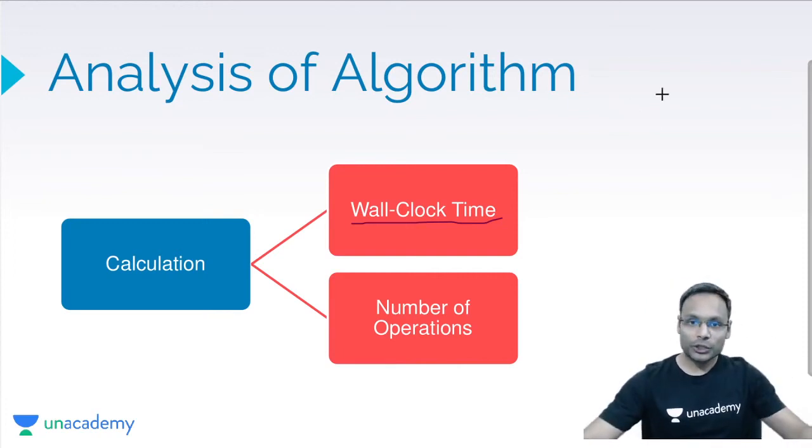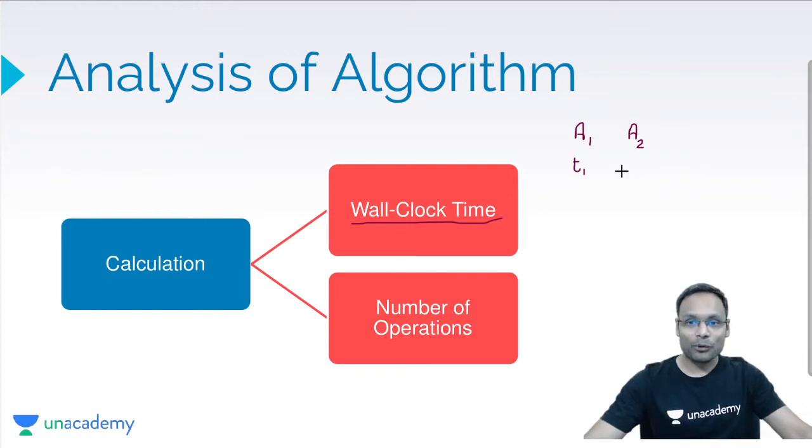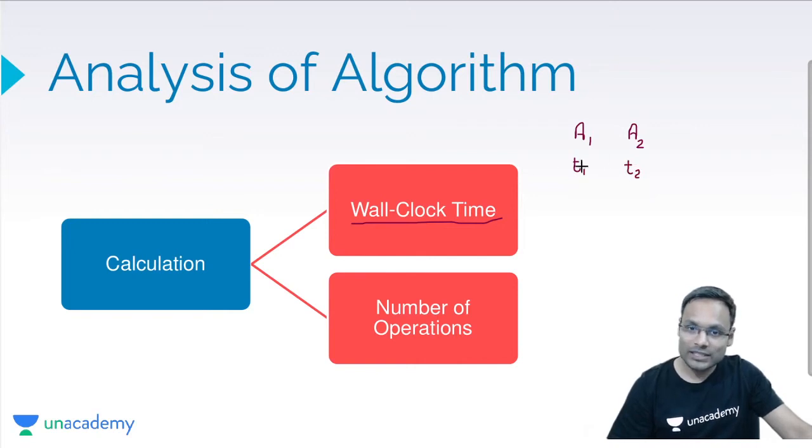So let's suppose you have algorithm number 1, which is taking t1 time, some unit, microsecond, nanosecond, something, and the A2 algorithm you have implemented in some programming language, run it on the system, and it is taking t2 time. Of course, you can compare which one is taking less time.